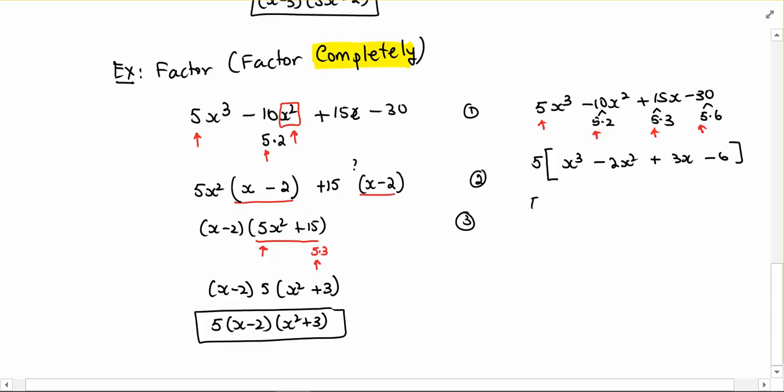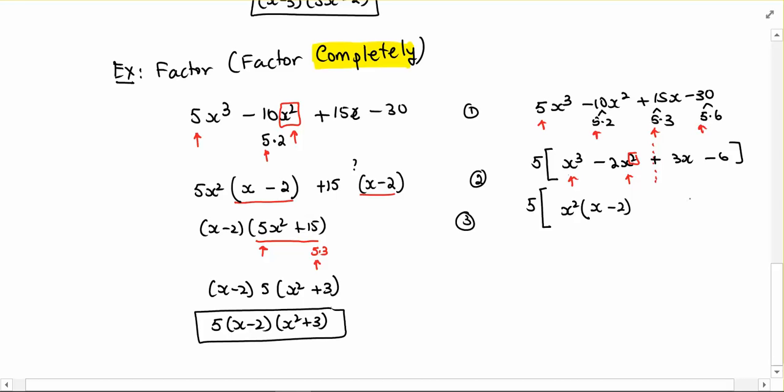And now I can factor inside the parentheses. So there's the 5, and I can now divide this into 2. And so between these two there is an x, certainly, and the least power is that. So x squared is my GCF, leaving an x minus 2 in that spot.